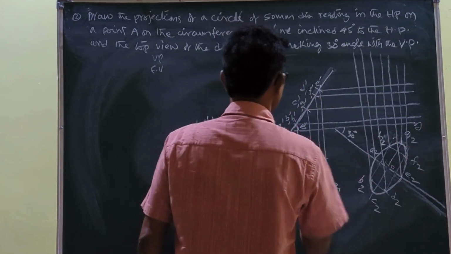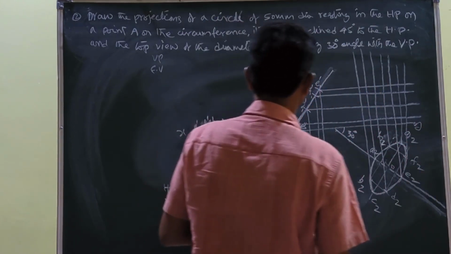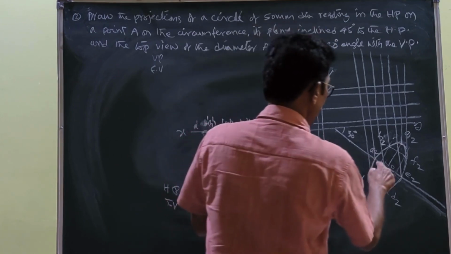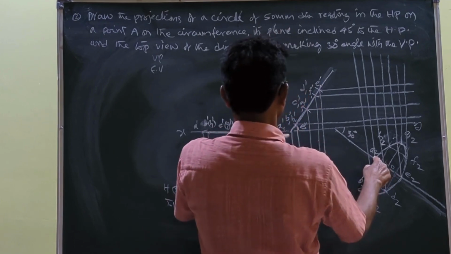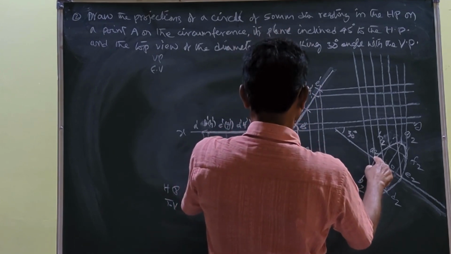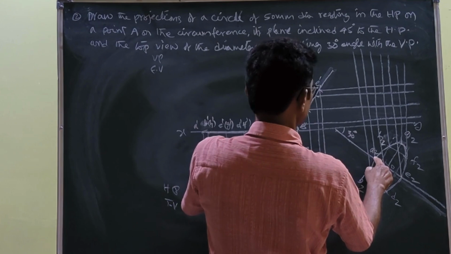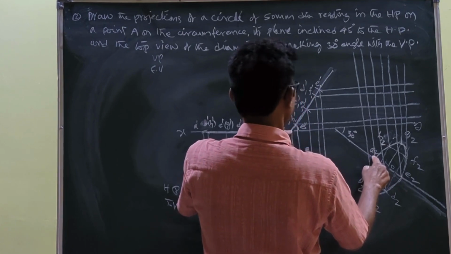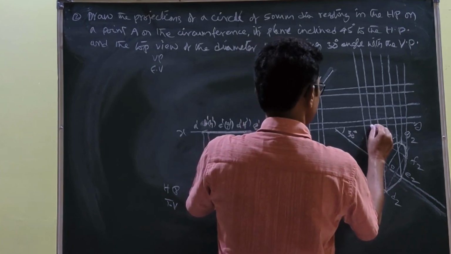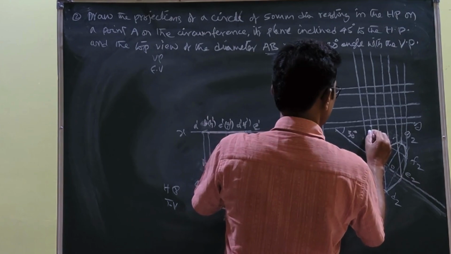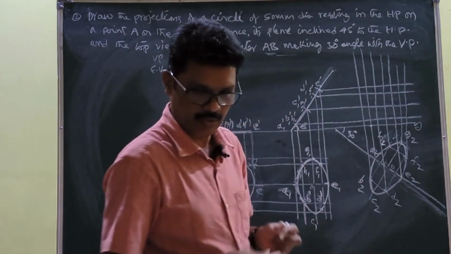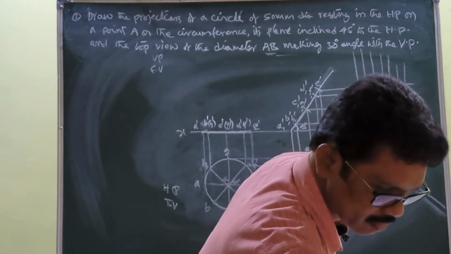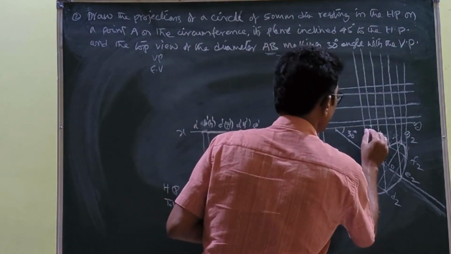Once you draw this one, again you come over here, this is the A. A to A1 dash, this is the point, this is the A2 dash.